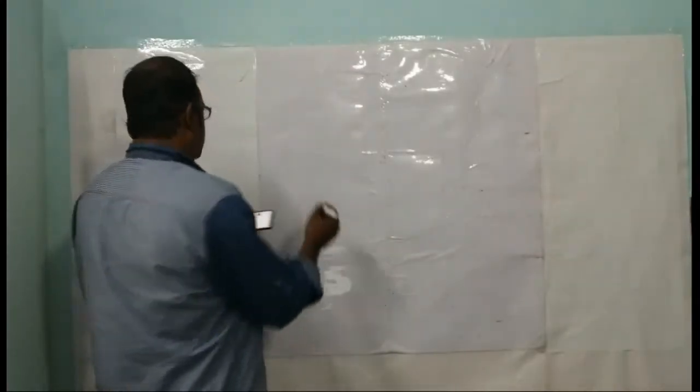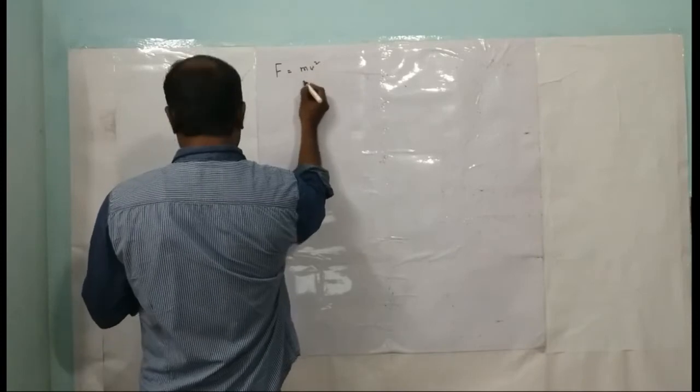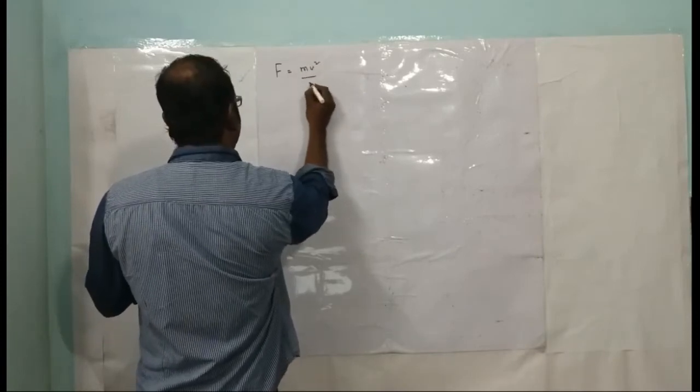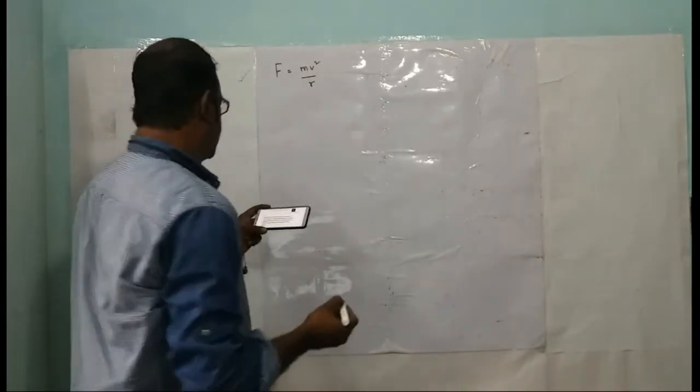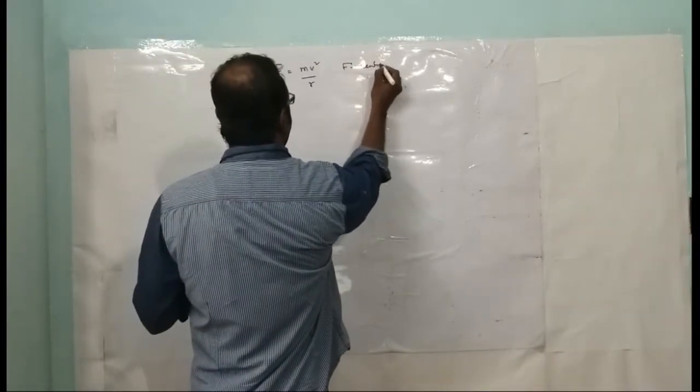Look into the next problem here. Check the correctness of the physical equation. F is equal to mv square by r. The equation is given here, and F is the centripetal force.